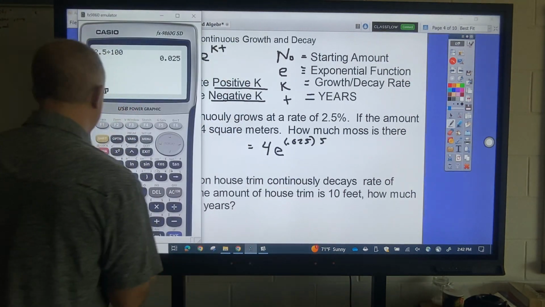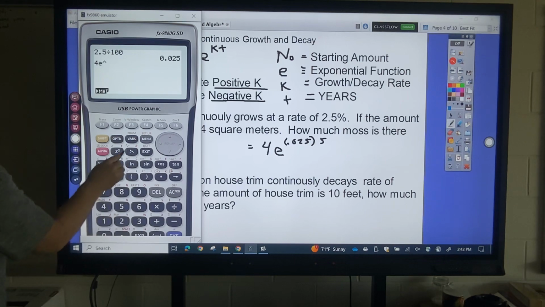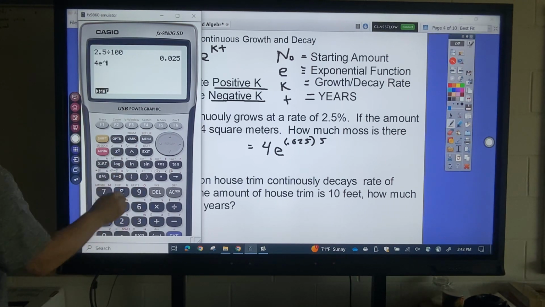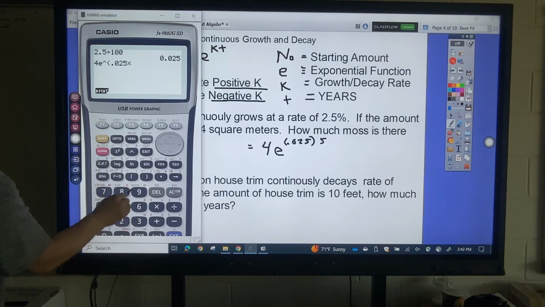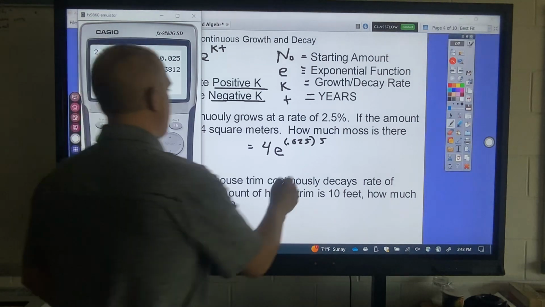So I just calculate that. That's going to be 4.53.